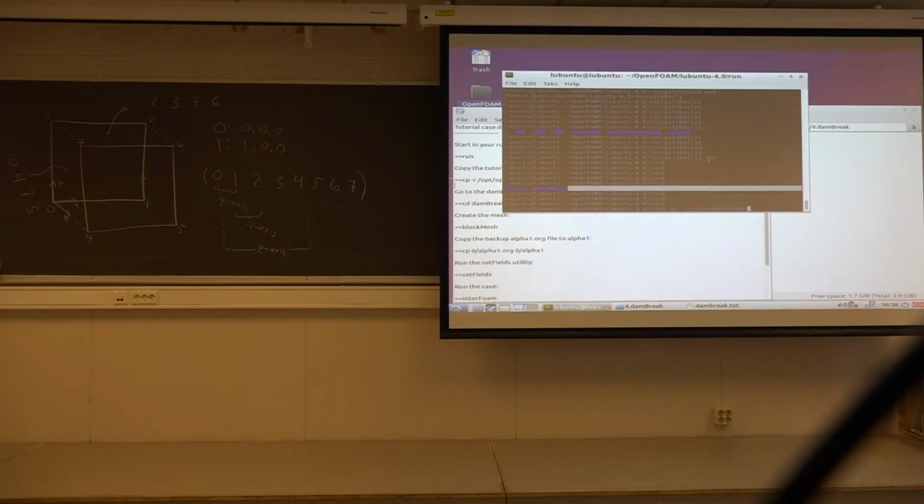So let's see if we can find it. Tutorials, and then it was multiphase, and here it was interFOAM, laminar, and dam break.